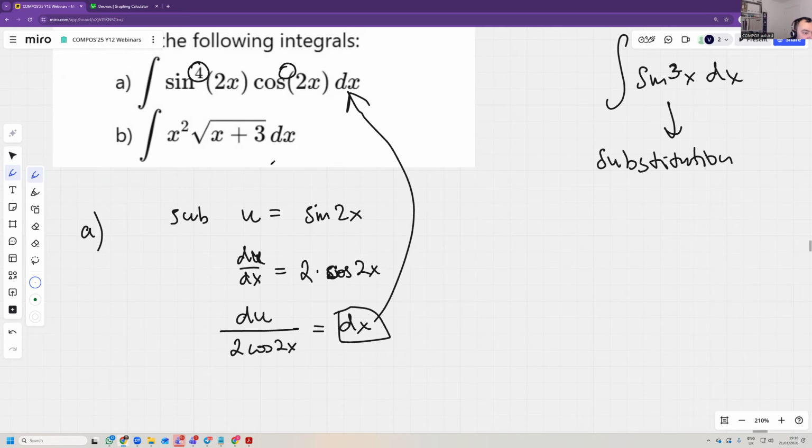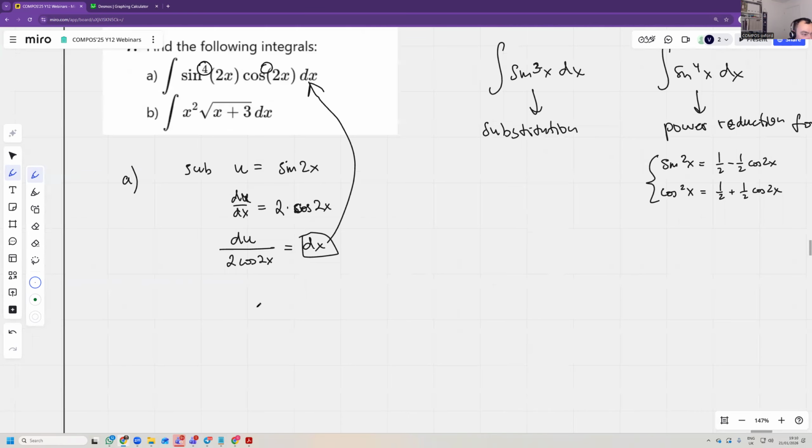And now what to do with sine to the power 4 of 2x? Well, I use trig identities. I know that this is sine squared 2x squared. And sine squared is 1 minus cos squared 2x squared. So it's 1 minus u squared.